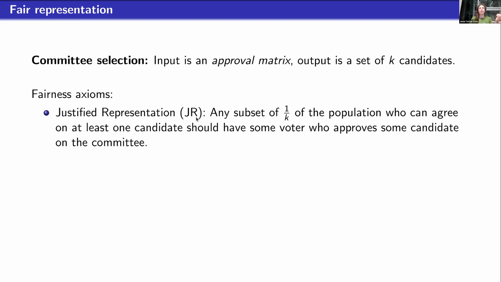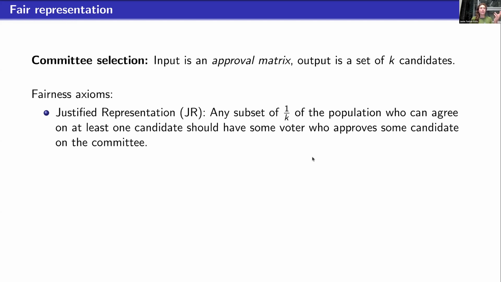It's called justified representation, or JR, and it says that in the committee that you select, any subset of size n/k of the population who can agree on at least one candidate, so it can't just be an arbitrary disparate set, it has to be some cohesive set, they all agree on at least one candidate, should have at least one voter who approves of one candidate on the committee. Okay, so it sounds like a very weak axiom. This is the weakest axiom of this hierarchy that's often studied. And you really should satisfy it because it's so weak.